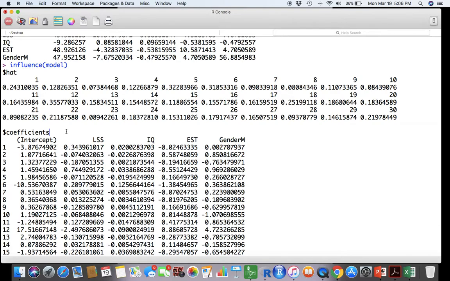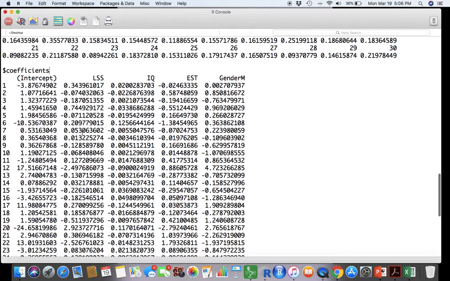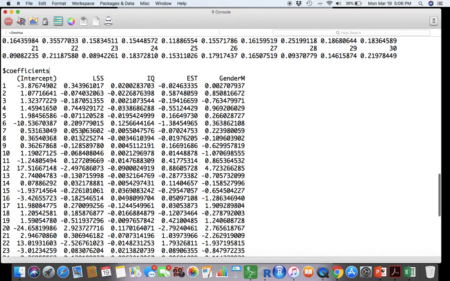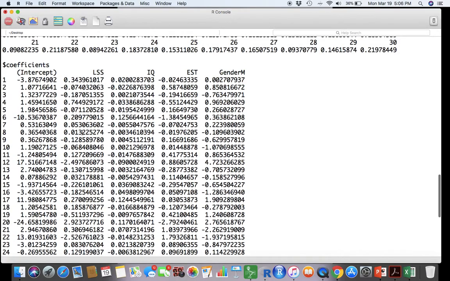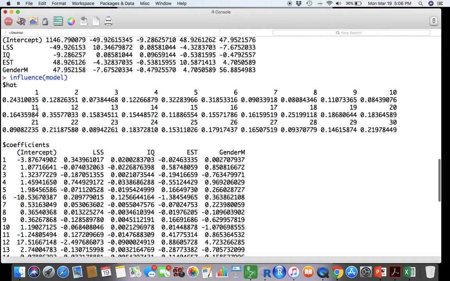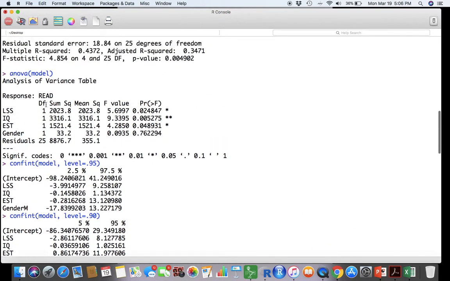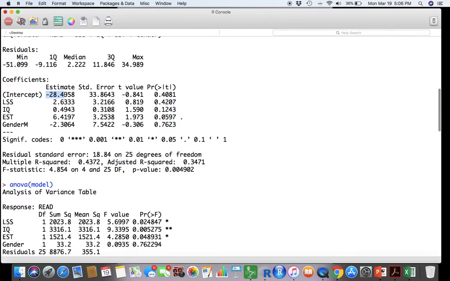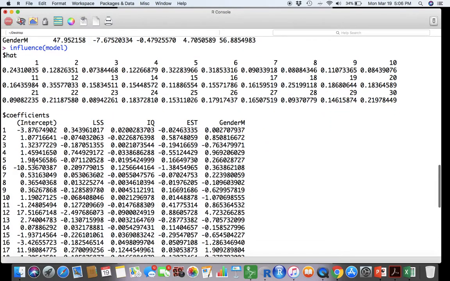This provides the coefficients if the ith person is deleted. So you'll see we have 30. So for example, if we come in and delete this 5th person from our data analysis and rerun our multiple regression, then the intercept would go from negative 28.50 to 1.98.